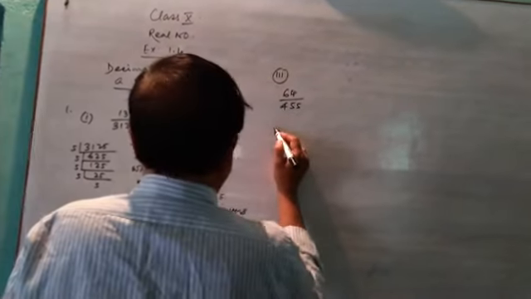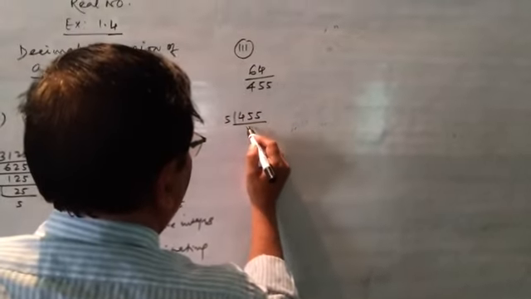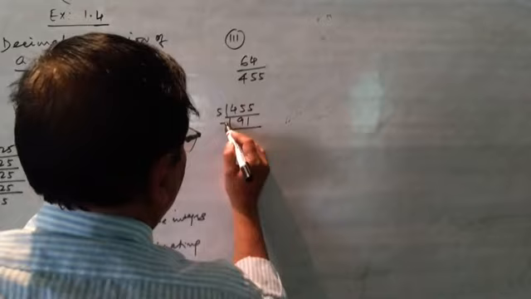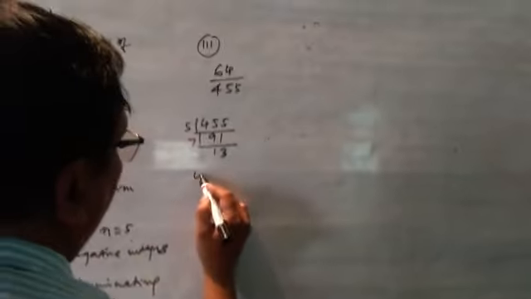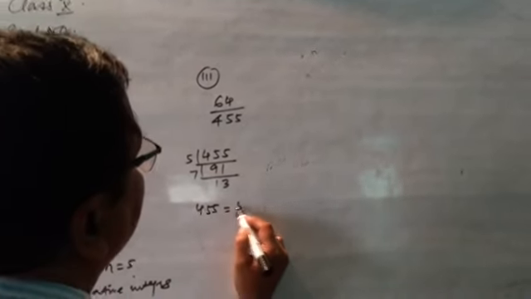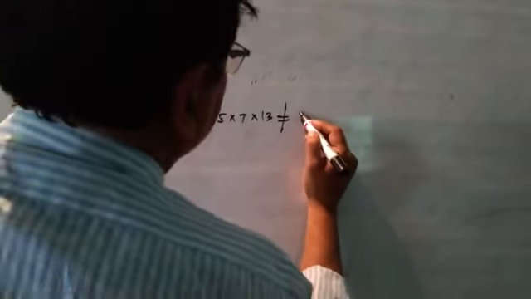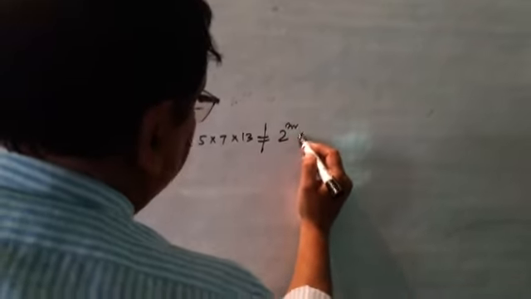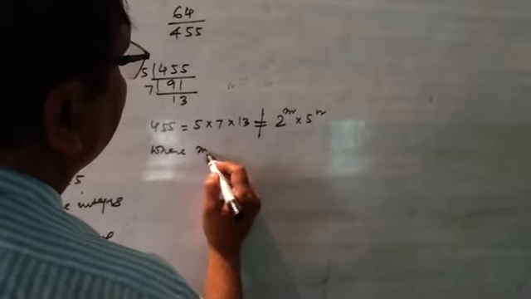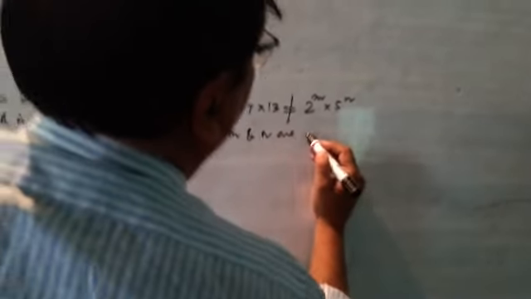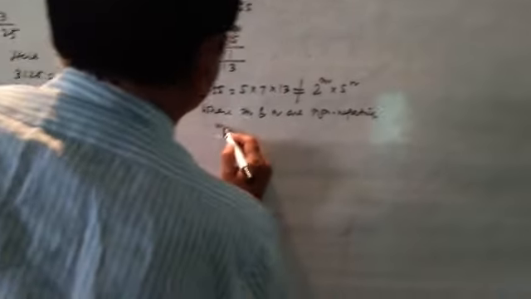We will take the prime factors of the denominator 455. 455 can be written as 5 into 7 into 13, which is not in the form of 2 to the power m into 5 to the power n, where m and n are non-negative integers.